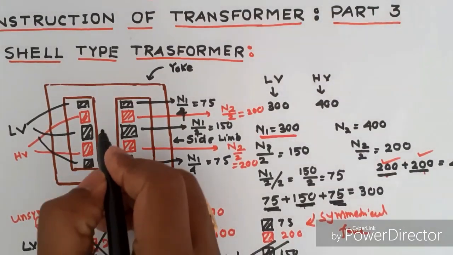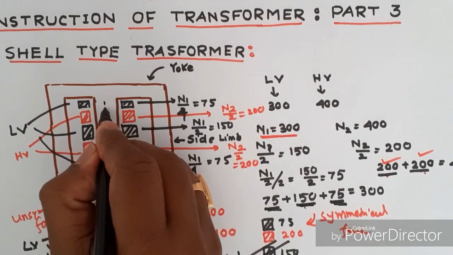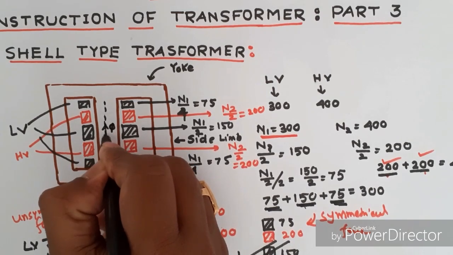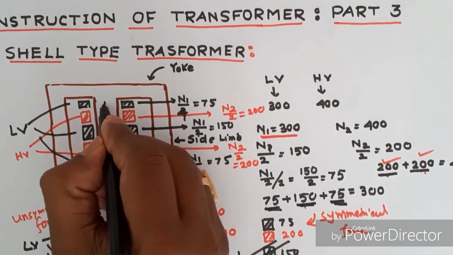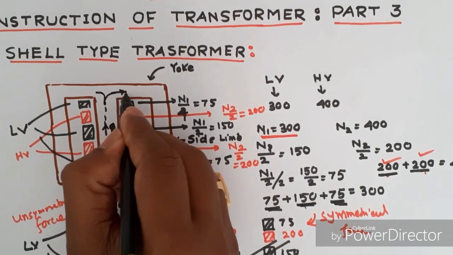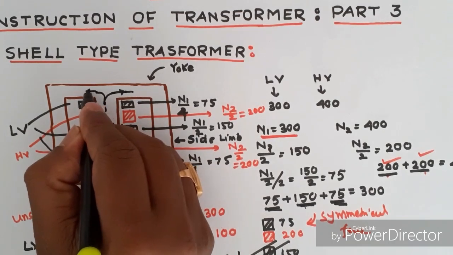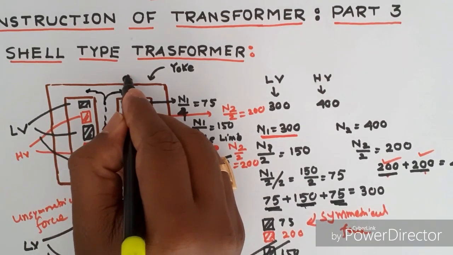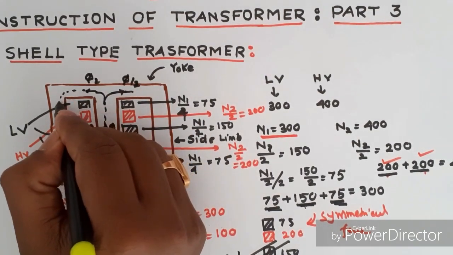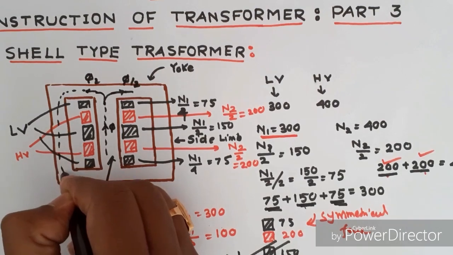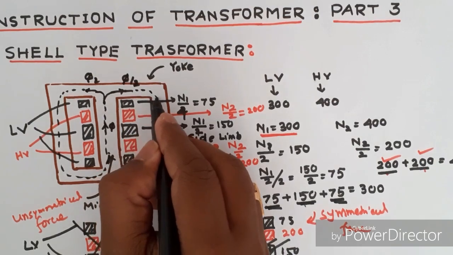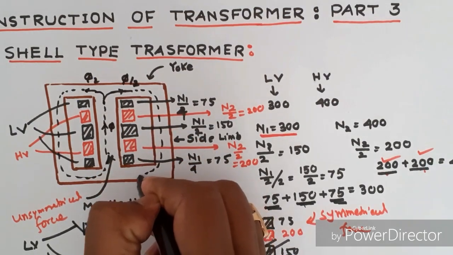Whenever flux is produced, flux phi will be passing through the middle leg. This flux sees two parallel paths, one right side direction and one left side direction, and phi will be divided by 2, that is phi by 2 and phi by 2. This phi by 2 will circulate in this direction and return back, and this phi by 2 circulates in this direction and returns.